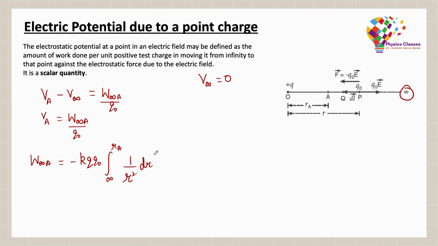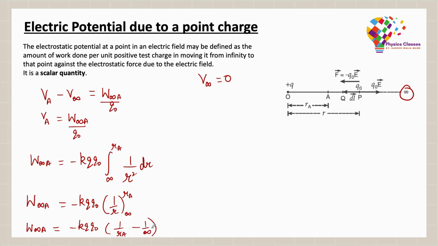The integration will still come out to be 1 by R. So your work done in taking from infinity to point A would be negative KQ Q naught into 1 by R, and I have to substitute RA and infinity in this. So over here the work done in taking from infinity to point A is negative KQ Q naught into 1 by RA minus 1 by infinity.